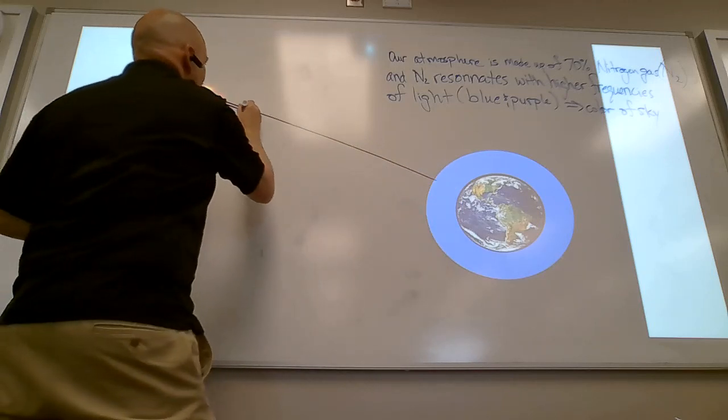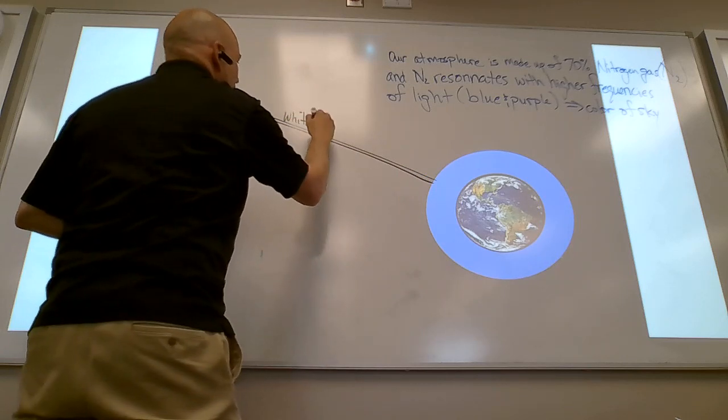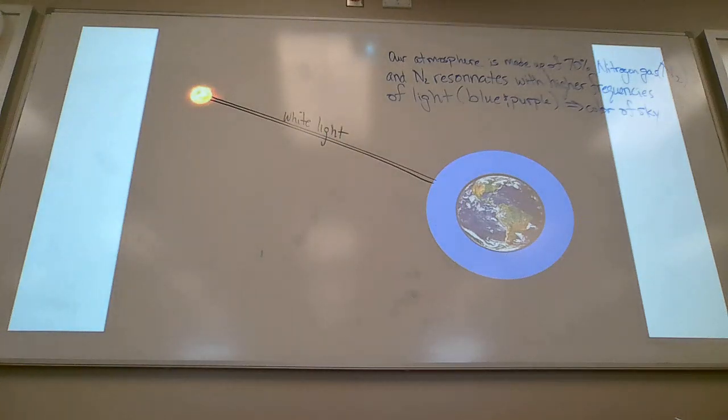So we're going to say that light from the sun is white light. When it hits our atmosphere, my atmosphere is just crazy thick. I'm just doing this so we can draw some stuff. Our atmosphere is really thin in comparison, but it scatters the higher frequencies of light because of nitrogen gas.